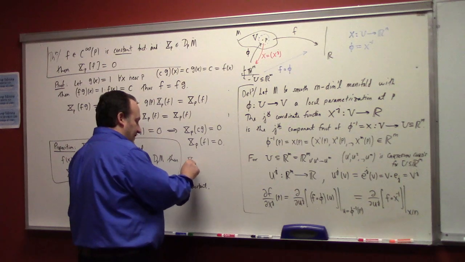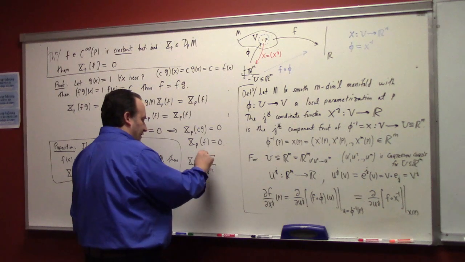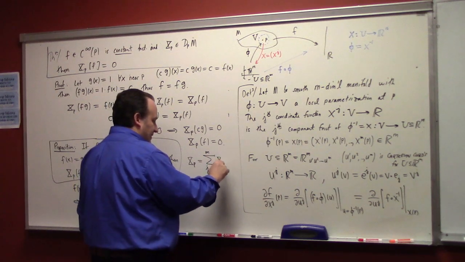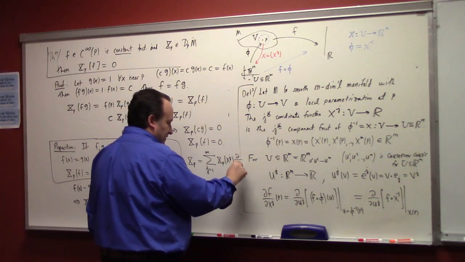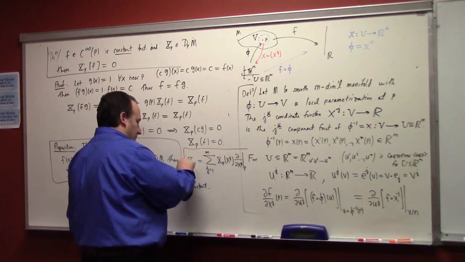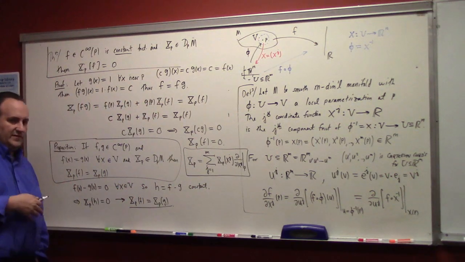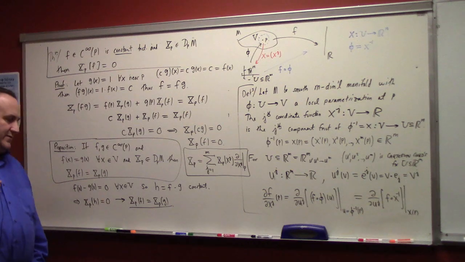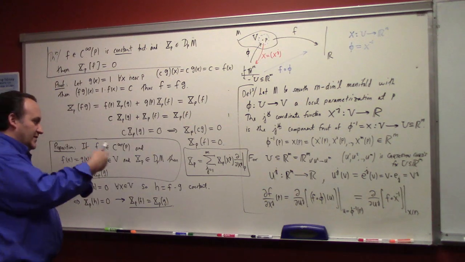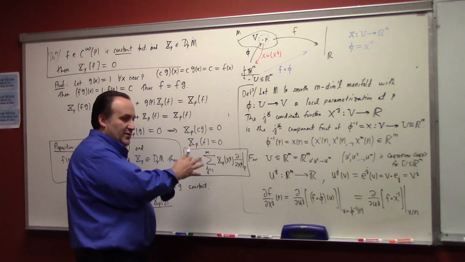We'll prove that you can write Xp as equal to the sum j equals 1 to m of Xp acting on the jth coordinate function times partial xj at the point p. So that is going to basically show us that any derivation can be expanded at the point in the basis of the coordinate derivations. And that is going to lead to a larger story, which is that the coordinate derivations naturally form a basis for what we'll call the tangent space.